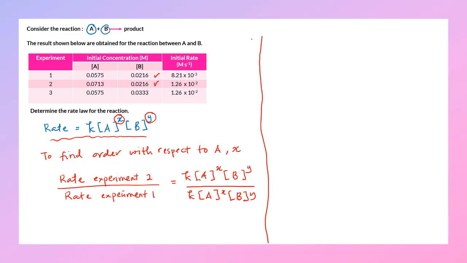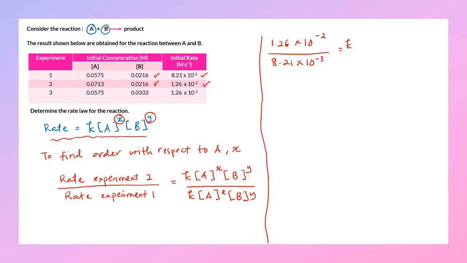For experiment 2, the initial rate is 1.26 times 10 to the power of negative 2, divided by the rate from experiment 1, which is 8.21 times 10 to the power of negative 3, equals K. We don't have the value of the rate constant, so just put K here.